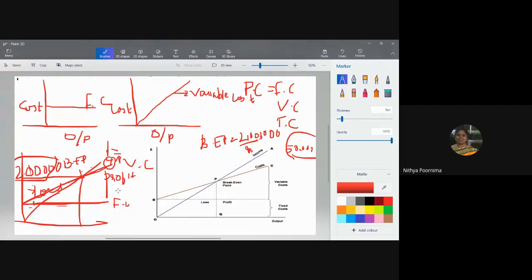The organization may or may not make profit, but it should not fall into the loss margin. So we are trying to work out at what investment, what material and what amount of production we are safe. We have to know the safety point first.